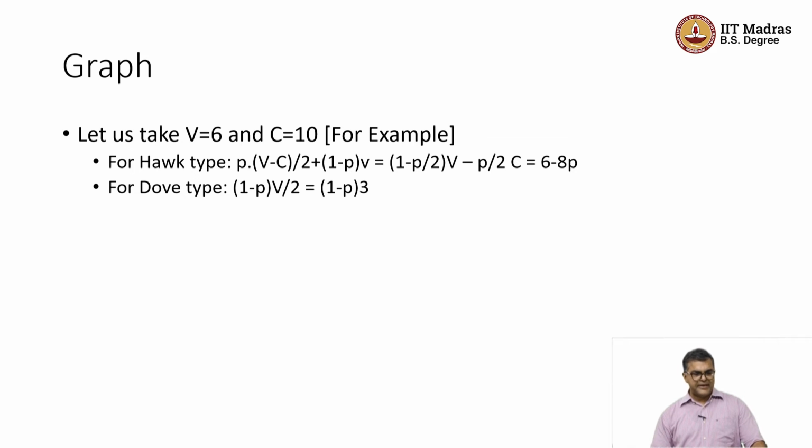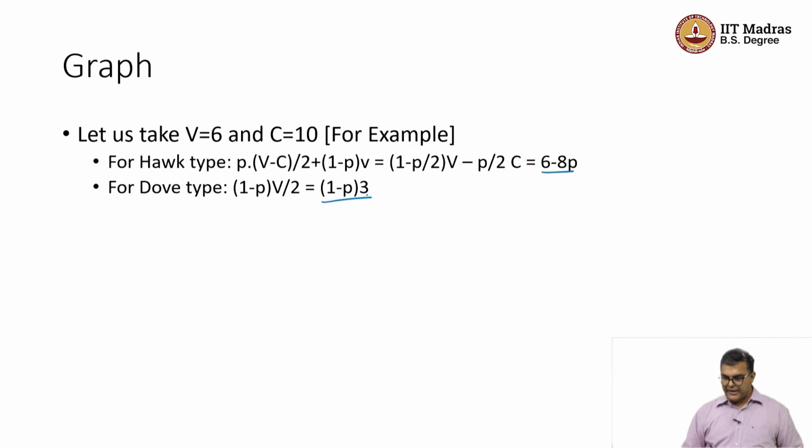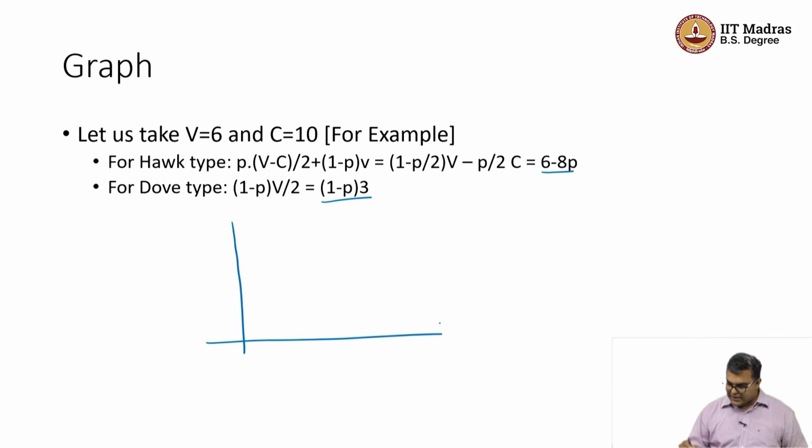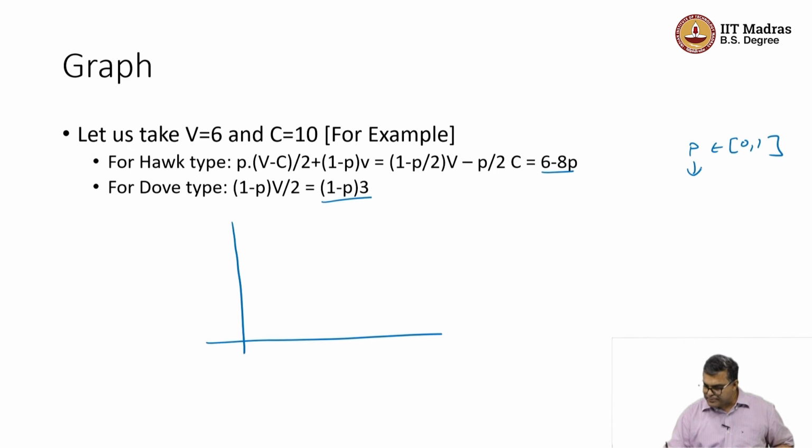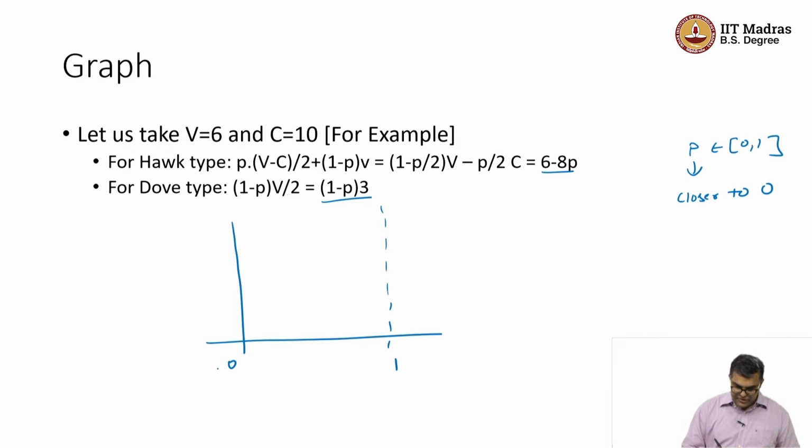For example, we can take v is equal to 10 and c is equal to 6. What will happen? For hawk type, the payoff comes out to be 6 minus 8p, and for dove type it comes out to be 5 times (1 minus p). We can draw it. How does it look like? Where p is a number between 0 to 1, but p is supposed to be closer to 0. So, let us say here is 1, here is 0. Now, for the hawk type 6 minus 8p.